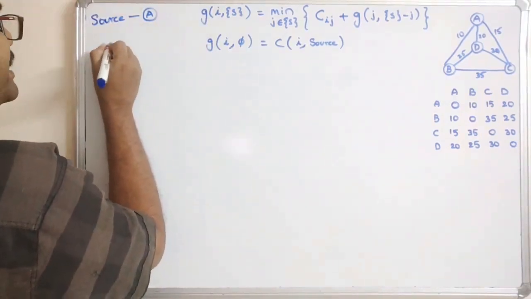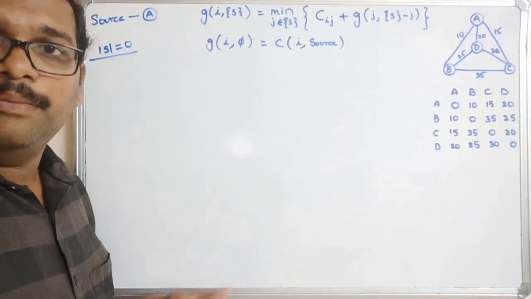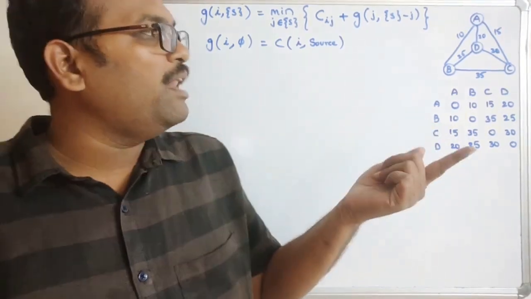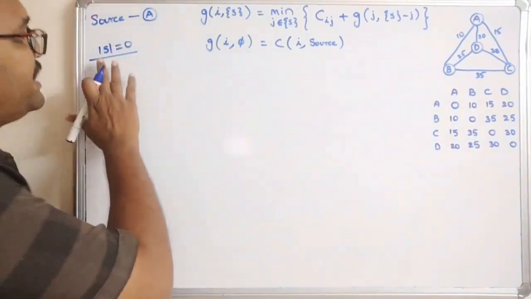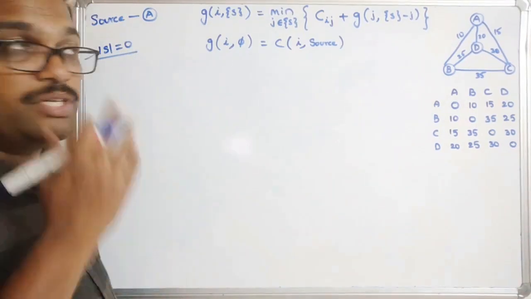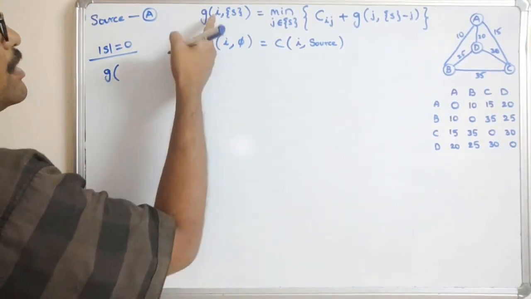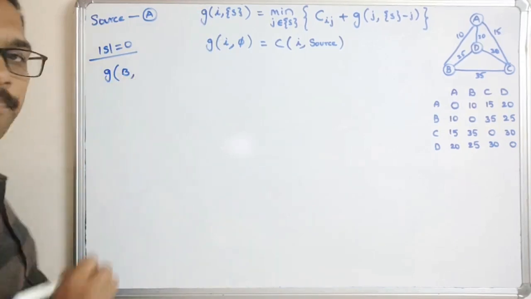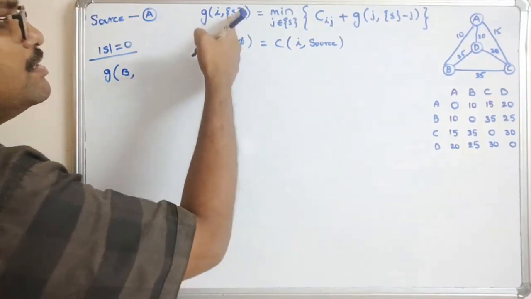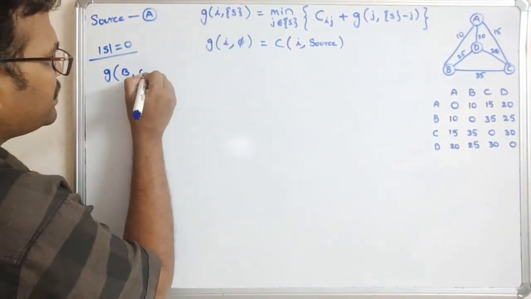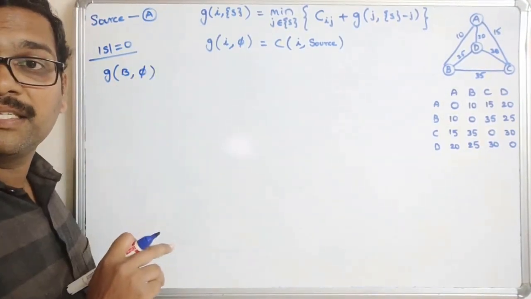Now, first, if the set is equal to 0, the set contains different elements: 0 elements, 1 element, 2 elements, 3 elements, because the source is A. So if the set is equal to 0, apply the formula G of i, which means B. So G of B, comma, set is 0, there is no element, so that can be represented as phi.